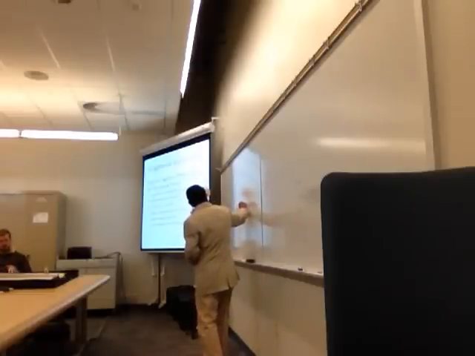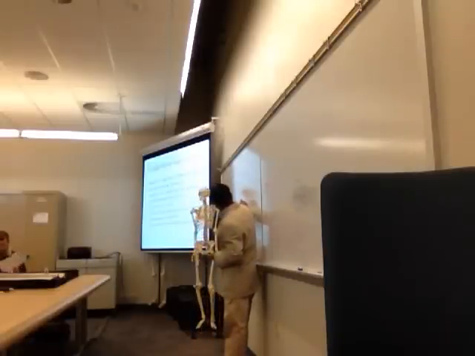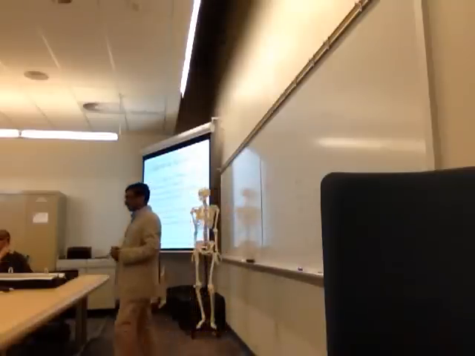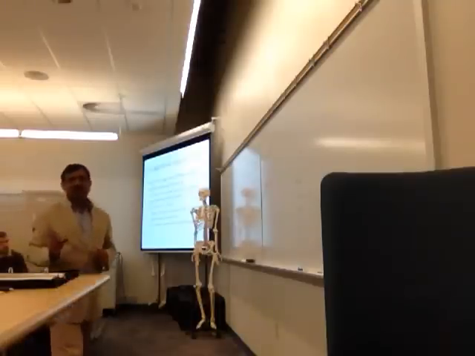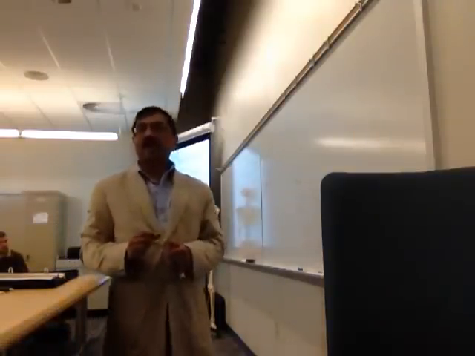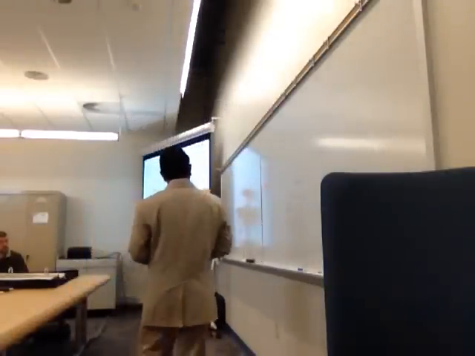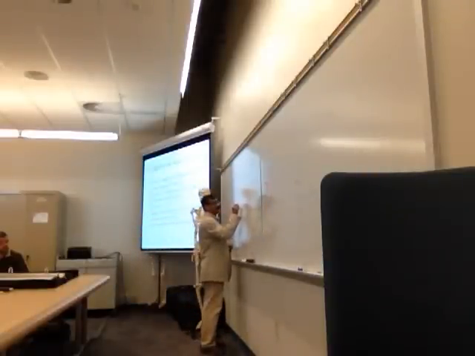So the wall of the afferent arteriole that forms the juxtaglomerular apparatus has highly specialized cells. Those are called what? Granular cells. So granular cells are here.